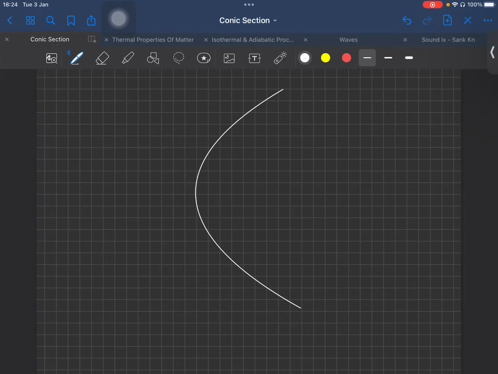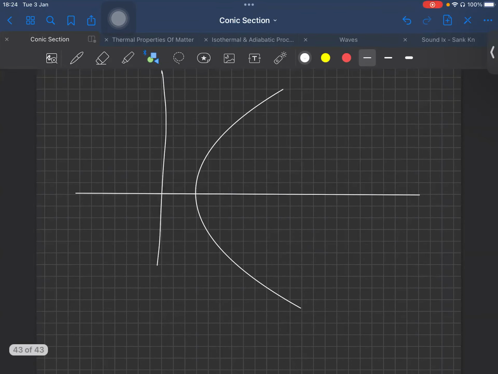Now, let's draw the axis of the parabola. So this is one of the axes, and see, it's written that the deflection is in the shape of a parabola, right?